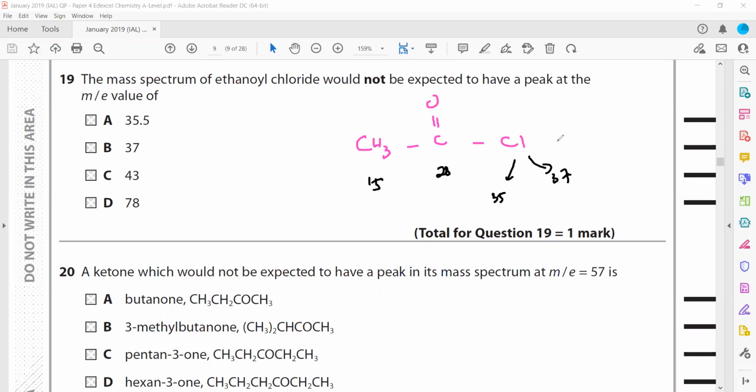But if we have one atom of chlorine, it might be 35, it might be 37. So we may get a peak at 37. We may get a peak at 43, because 15 plus 28 is 43. We may get a peak at 78, the total mass. But we will never get a peak at 35.5, because one chlorine atom does not have a mass of 35.5. It is the average mass of the chlorine atoms. Is it clear, this one?